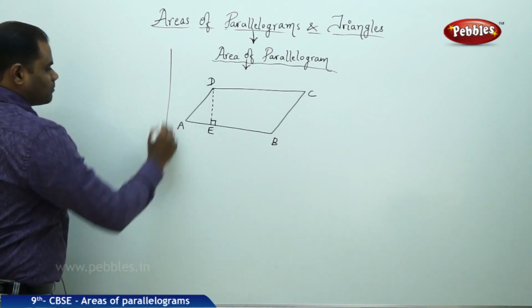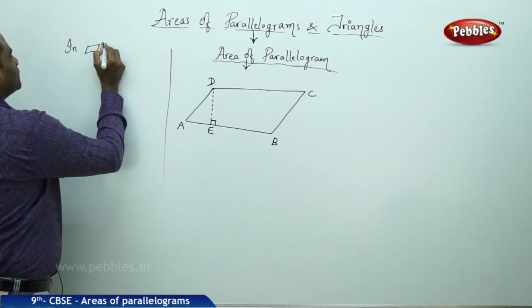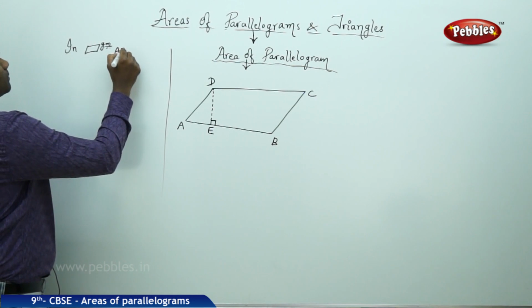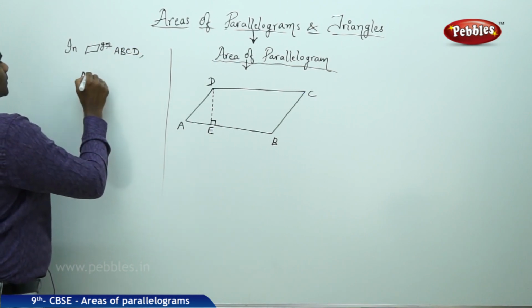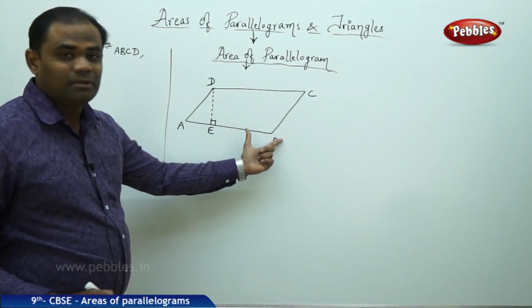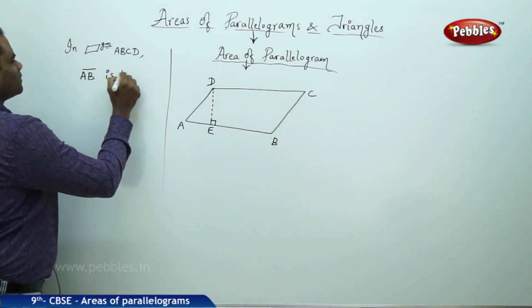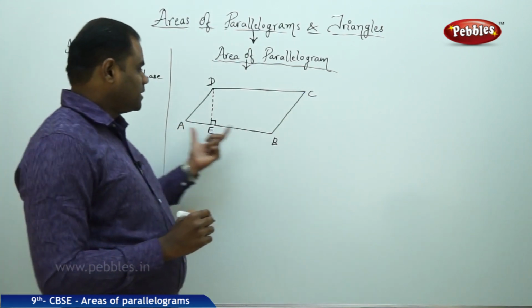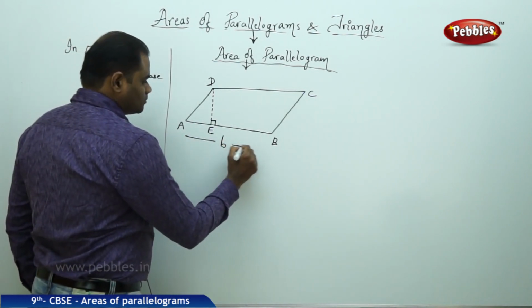So in parallelogram ABCD, the symbol for parallelogram is this. Now I take the base which is on the bottom of the parallelogram, that is AB is the base of this parallelogram. So let me denote the base with some B units.